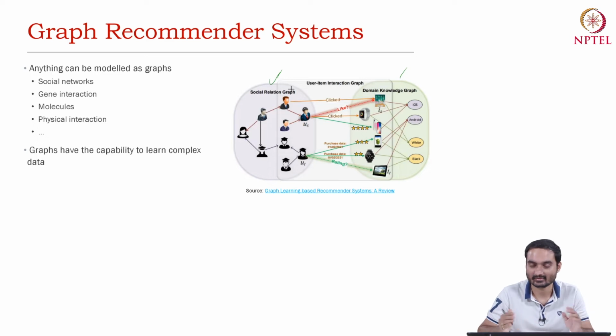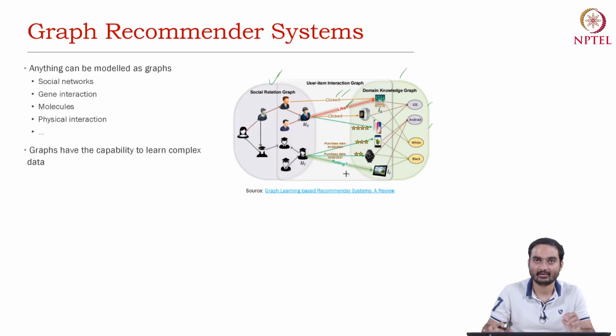It can be friendship links, it can be some other social relation, whereas products are also connected based on some categories, some hierarchies. And user group and product group, they are connected through different links, say clicks, likes, purchase and so on and so forth.